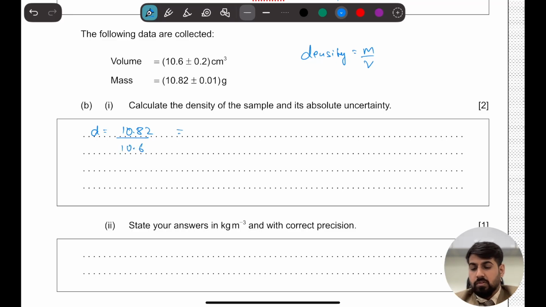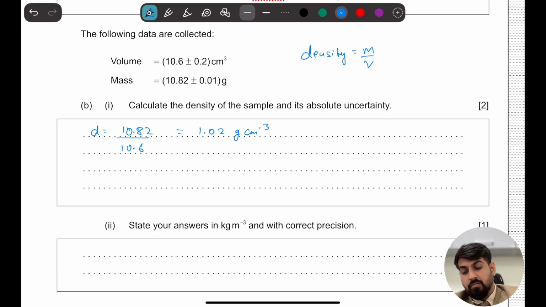If you solve this, 10.82 divided by 10.6, you will get 1.02 gram per centimeter cube.